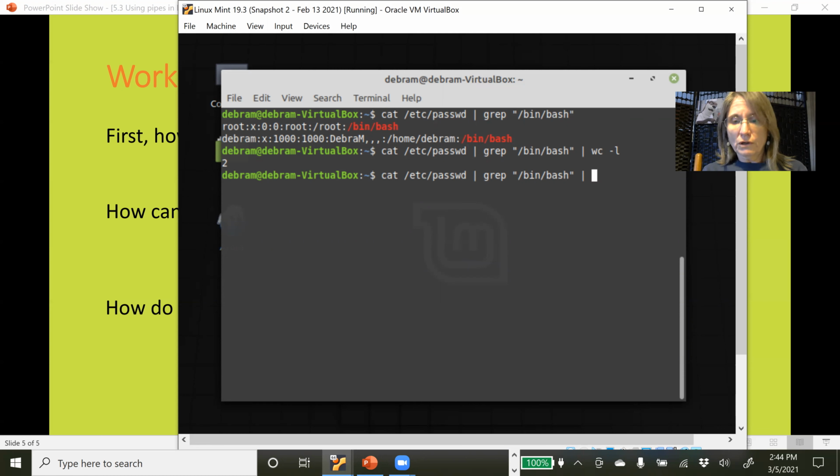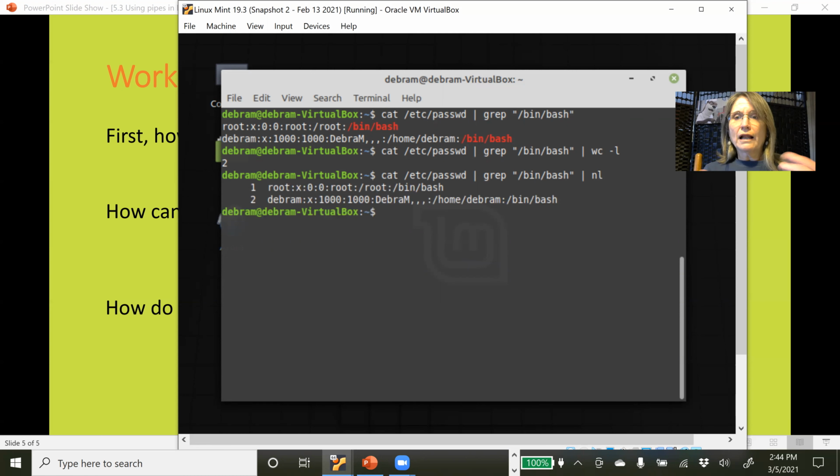There's also a command nl, which prepends each line of its input with a line number, and that may also be useful for us.